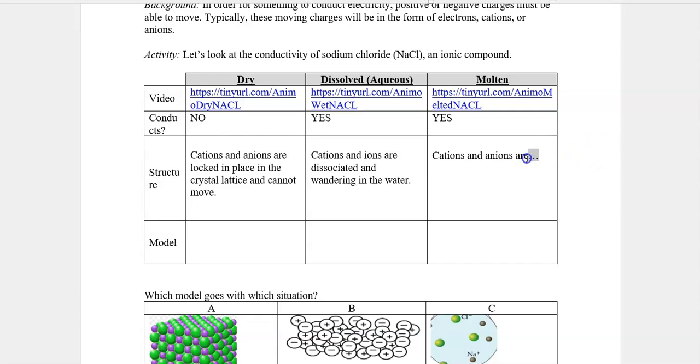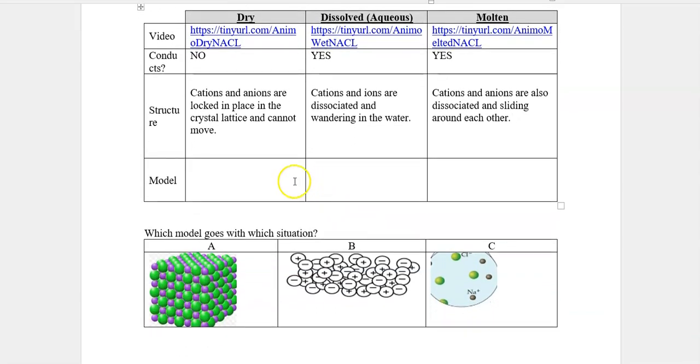Molten, cations and anions are also dissociated and sliding around each other, I guess, because they're a liquid. So dry would be model A, dissolved would be model C, because it's got water in between, and then molten would be model B, because they're just kind of chaotically moving around there.